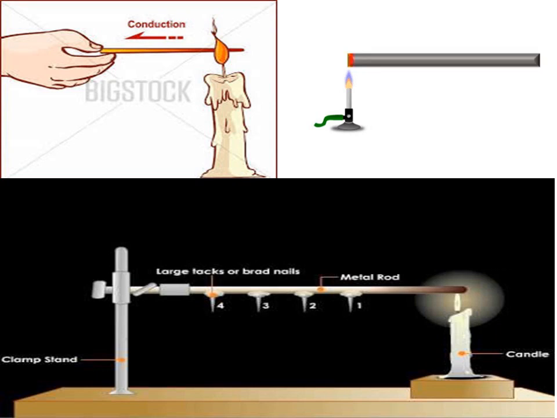When the rod is heated, the temperature of the rod near the heated end increases and the molecules at that end start vibrating faster. These vibrations are passed along the rod and thus heat is transferred along the length of the rod.